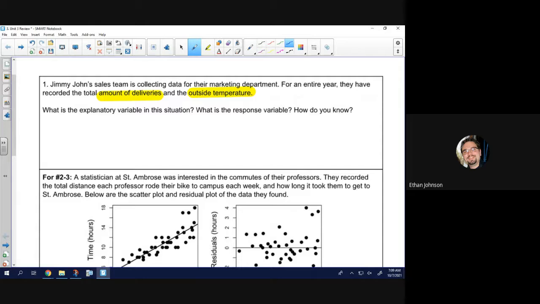Well, outside temperature would be our explanatory variable then, as it affects deliveries. Meaning our response variable is deliveries. And then to answer the last question of how do you know, weather affects the deliveries.